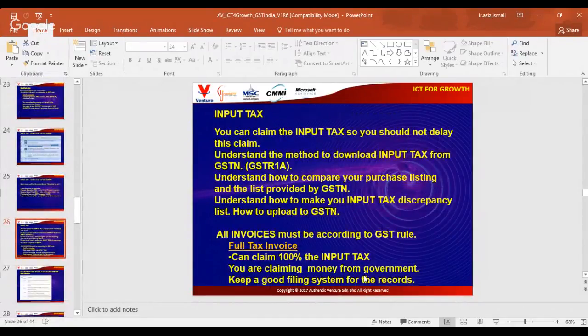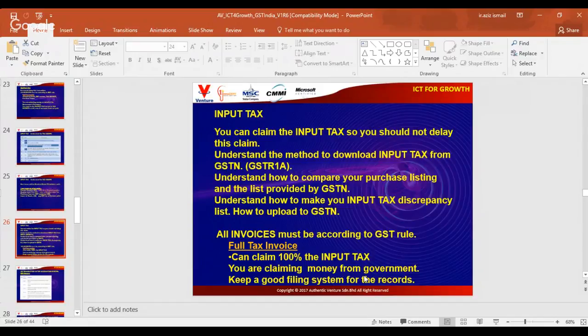The same thing for the input tax, for example, you should claim from the government for the input tax, and you need to understand the method to download the input tax from the GSTN. Basically, what you do is you go to the GSTN and you can get the list of all your purchases.